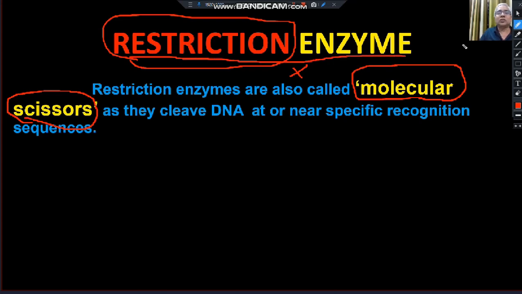That's why these restriction enzymes are the key component of the recombinant DNA technology. If you successfully understand the mechanism of action of these restriction enzymes, then you can easily understand the recombinant DNA technology.